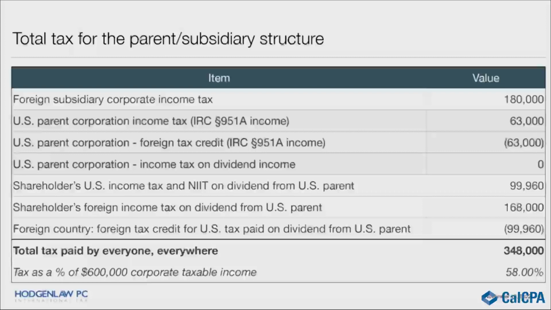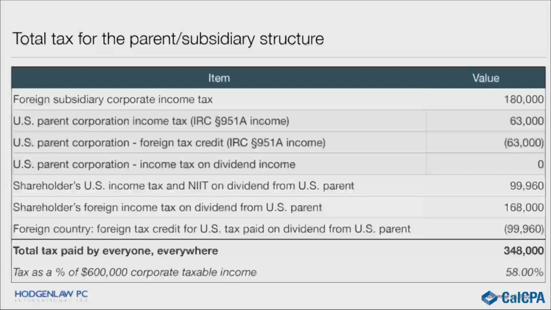That's either the United States or the foreign country. And indeed, this is what happens here. The foreign corporate income tax paid is 180,000, and the U.S. income tax paid on the corporation income, so 63,000, is washed out by the indirect foreign tax credit.